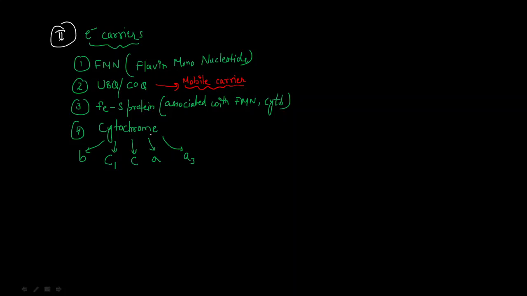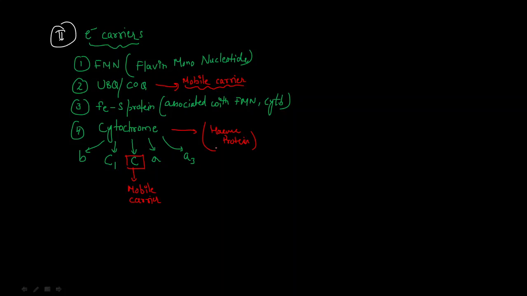Just like that, cytochrome C is also a mobile carrier. Another thing you need to remember is that cytochrome is actually a kind of heme protein. Sometimes they ask this question in competitive exams. All the carriers are proteinaceous only, but this includes a heme group as well.